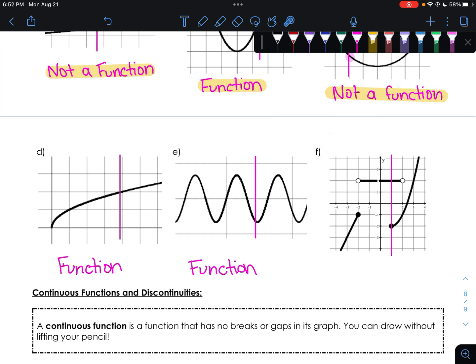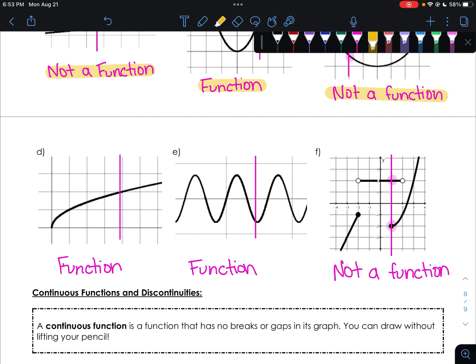Notice how I have part of the line here and then a closed circle here. If that circle at the bottom was open or there was another hole in the graph, this would be okay, but it's not. So this part makes it not a function.